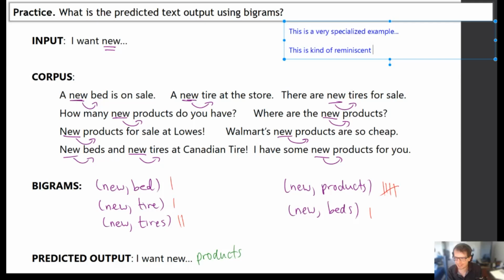This is kind of reminiscent of personalized predictive text. Let's say you have your iPhone or your Android, your own personal cell phone, and you type all the time. Your phone personalizes your own predictive text, right?